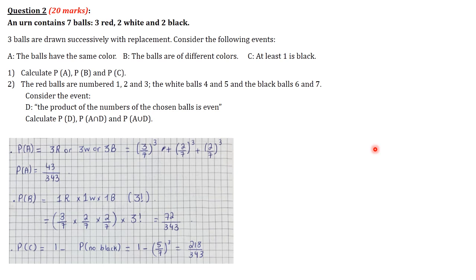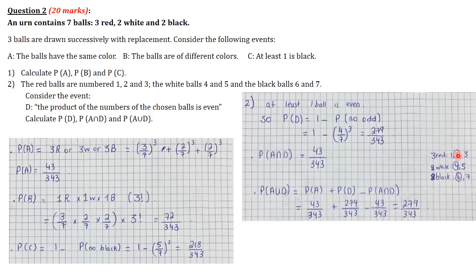Now the 3 red balls are numbered 1 to 3, the white balls are numbered 4 and 5, and the black balls are numbered 6 and 7. We need to calculate the event of D where the product of the numbers is even. So in order to have an even product, means at least one ball is even. So probability of D is 1 minus probability of no even at all. Sorry, no even means odd, only odd. So what are the odds that we have?